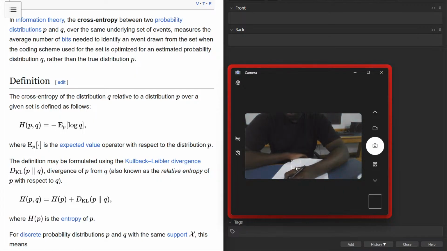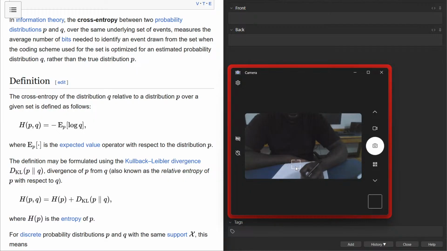Anyway, so the expectation under P of log Q, if we expand that back to the summation form, we get minus 1 times the sum on x of p(x) times log q(x). But q(x) is constant, so it's just minus log q(x) times the sum on x of p(x), which we know is just 1 because it's a probability distribution.